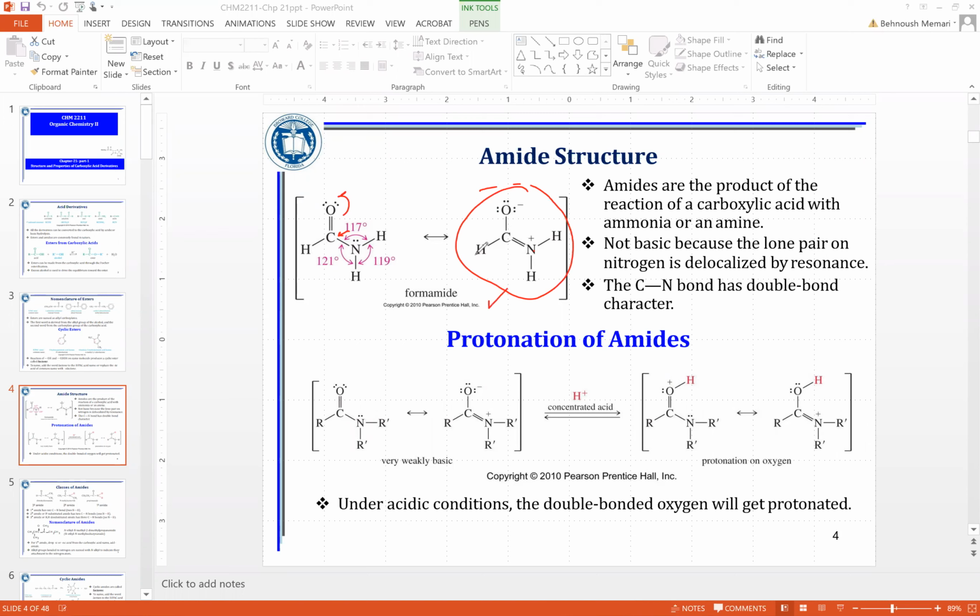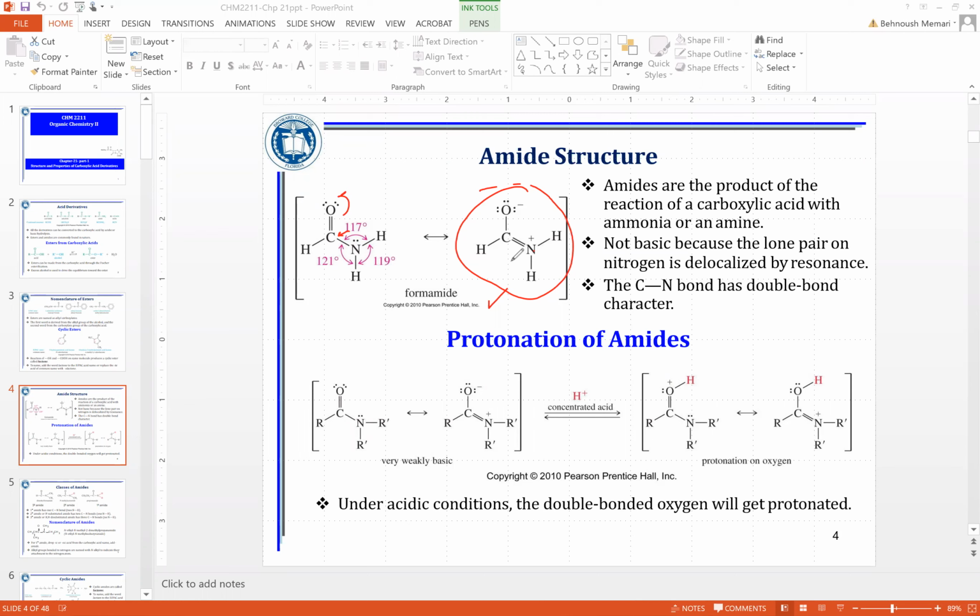When it's in the form on the right side, it is acting like an ionic compound because you have a plus-minus charge in the molecule. And what makes this unique is that it is going to make the amide have strong intermolecular forces, which gives you the highest boiling point, because 50% of the time it is acting as an ionic compound.